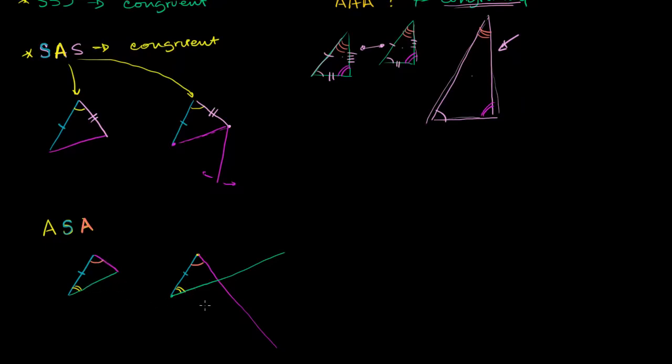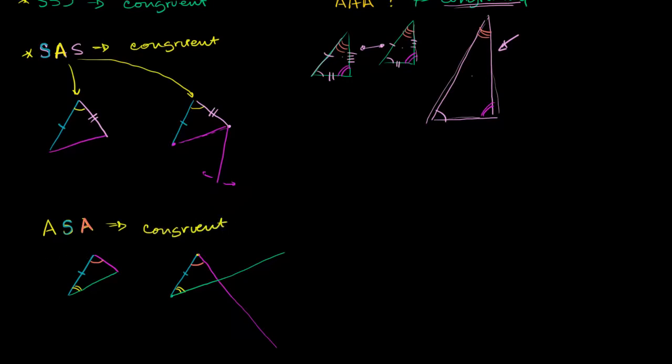Once again, this isn't a proof. I'd call it more of an investigation, really just to establish what are reasonable baselines or postulates that we can have. So for my purposes, I think ASA does show us that two triangles are congruent.